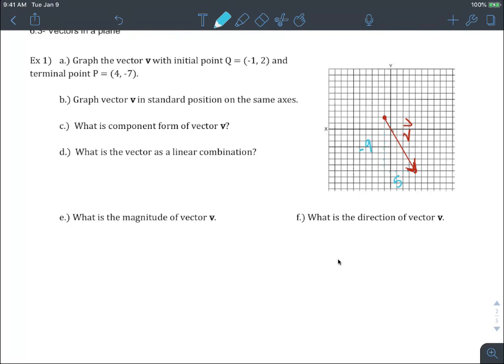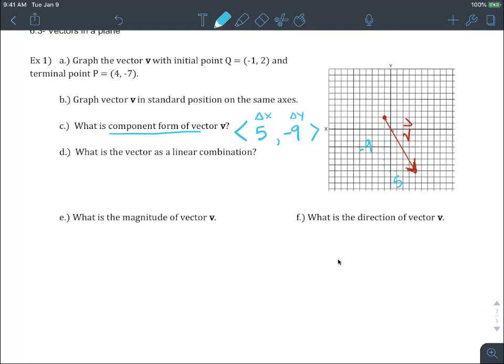Let's write this in component form first. We write it as the change in x and the change in y. So the change in x was 5, and the change in y was -9. It's kind of like slope, okay?